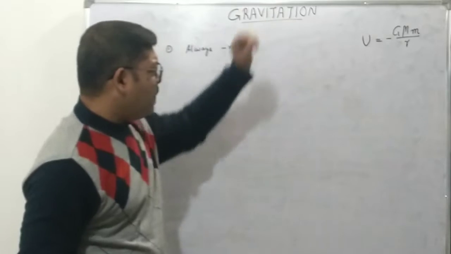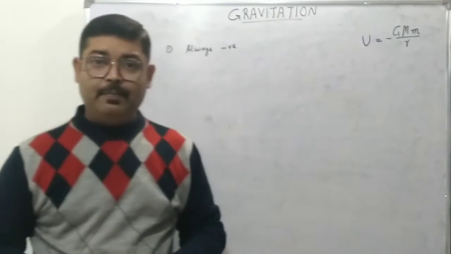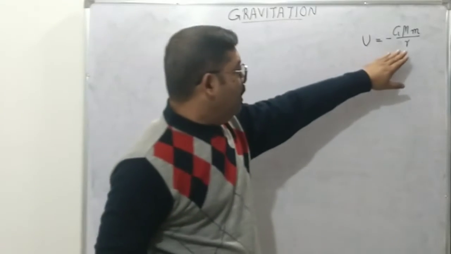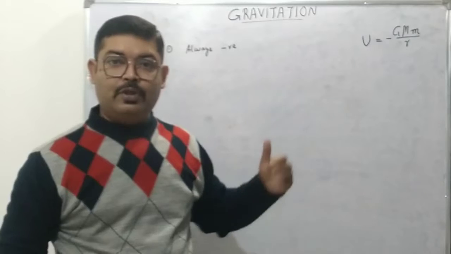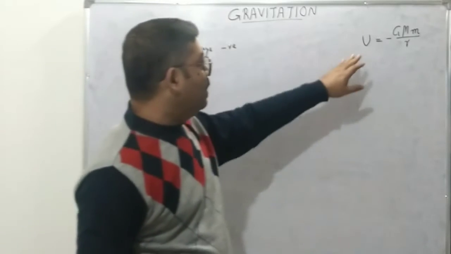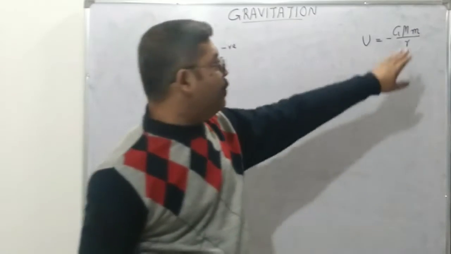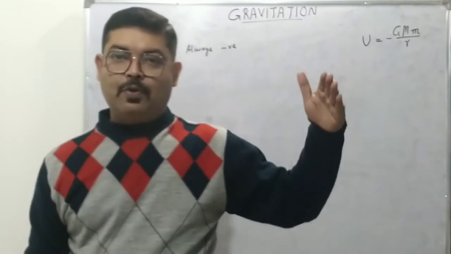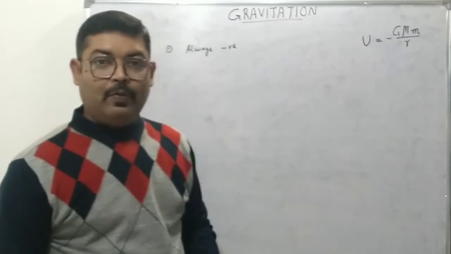Now, when we say it is always negative, it means that when we move from, say, infinity and we move closer and closer to the object, what will happen? The value of r will decrease, right? Initially it was infinity, then it comes to a smaller and smaller value, and as we come closer to the body, what will happen?